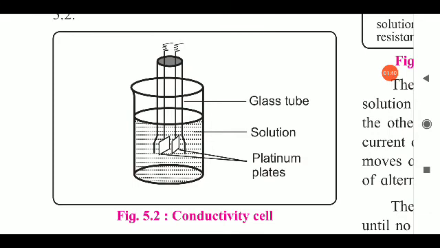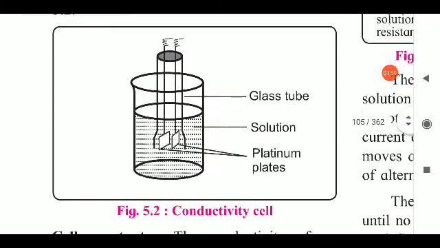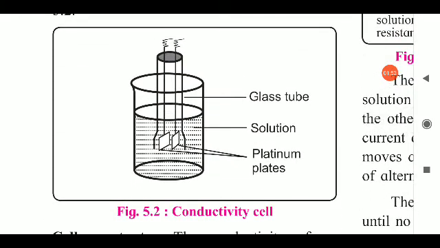But behind that there is one thing which we call resistance. Means after measuring only resistance we can calculate the conductivity. So this is the arrangement of a conductivity cell by which we can measure the conductivity of an unknown solution.